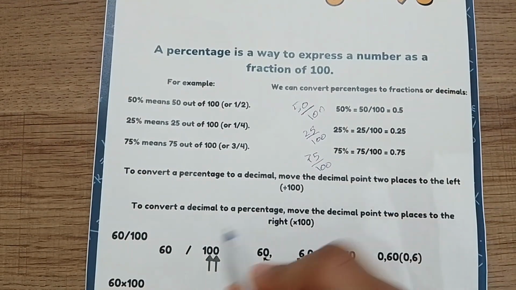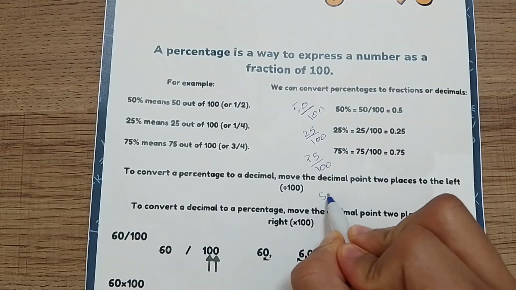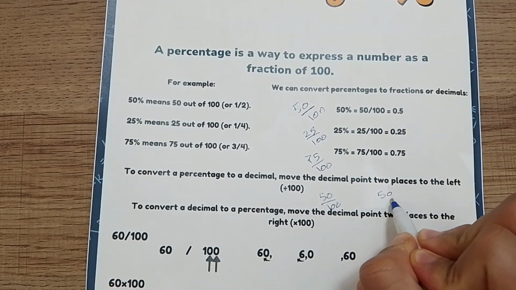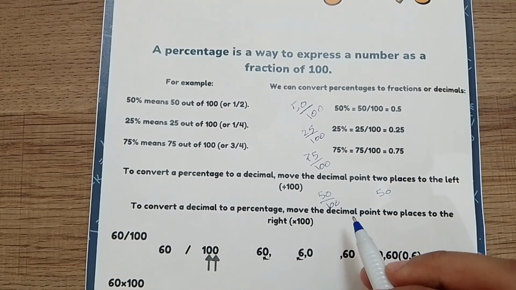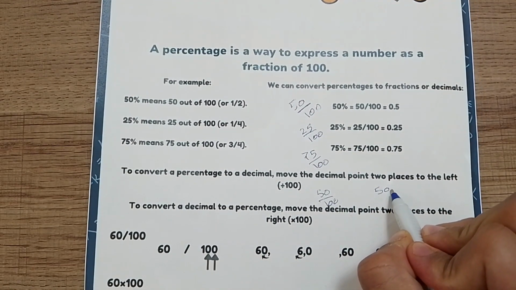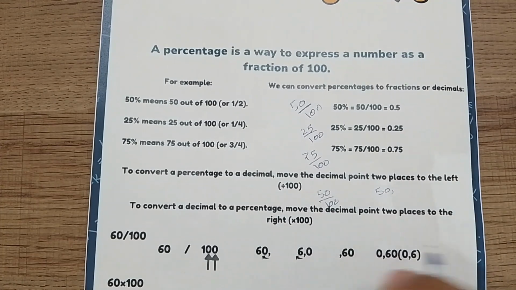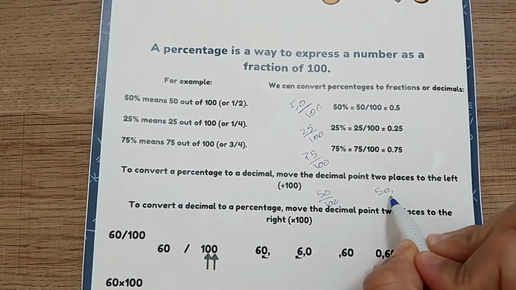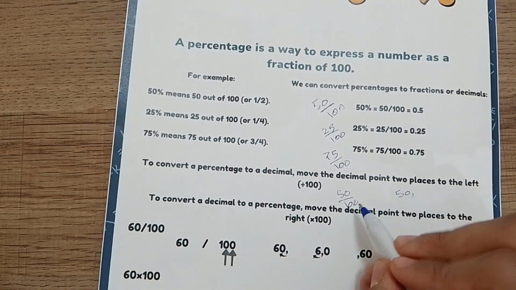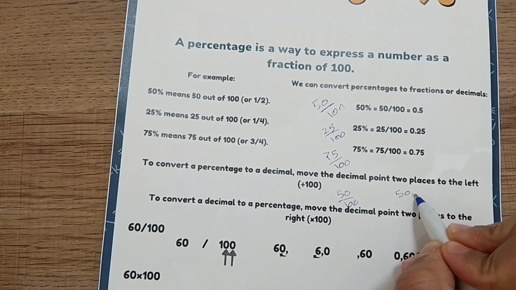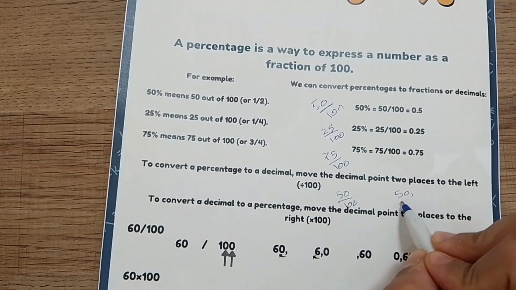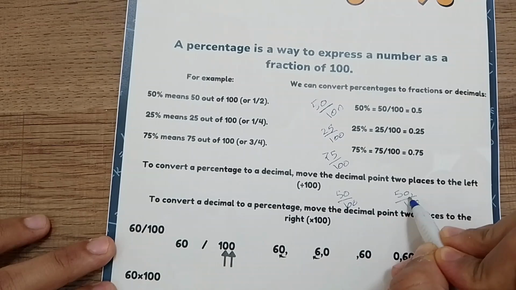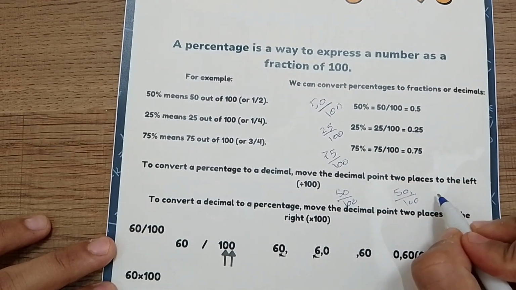For example, when you have 50 over 100, the decimal point is right over here, and when you divide by 100, you must move the point 2 places to the left.